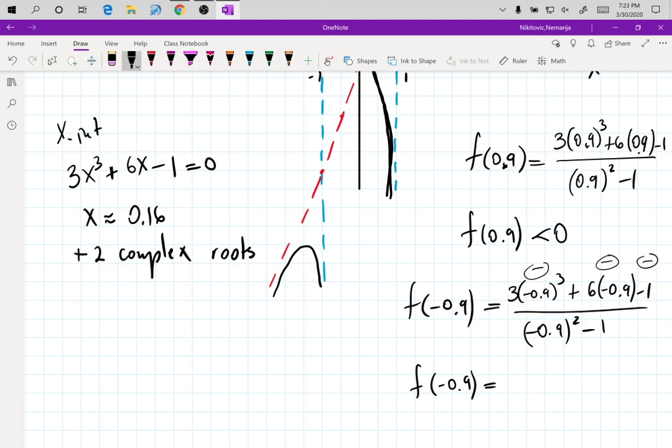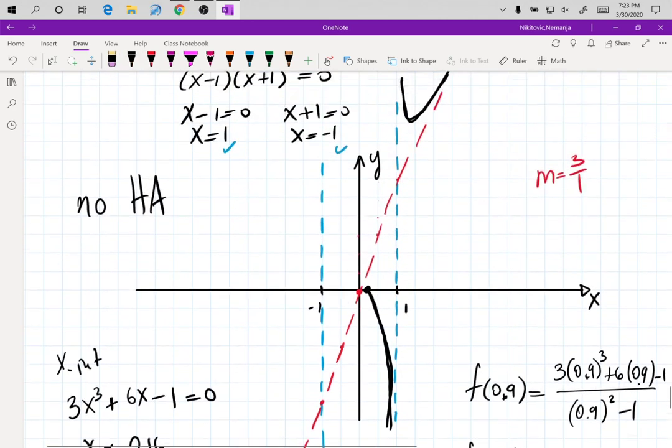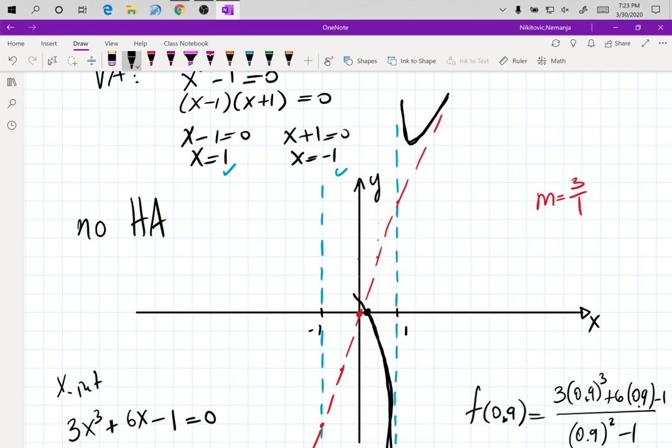So we just have negative numbers on top, and the numerator is wholly negative. For the denominator, when you square a negative number you still get positive, so positive 0.81, minus 1, so you get negative. Negative divided by negative is positive. There you go. So it cuts through the axis and follows the other side going up.